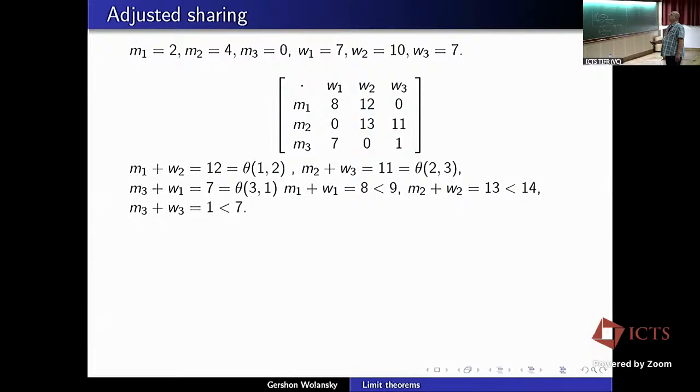But if men 1 will marry women 1, they will together get only 8, which is less than 9 that they could get from the matching 1, 2, 1, 2.